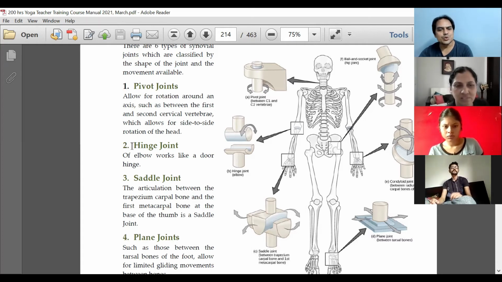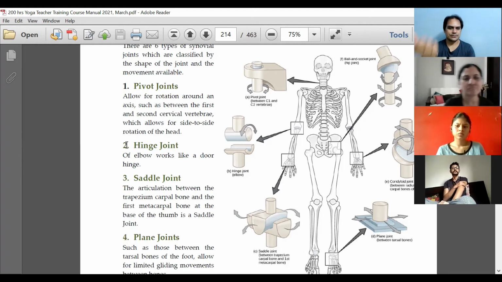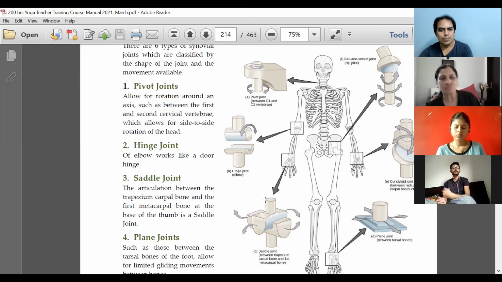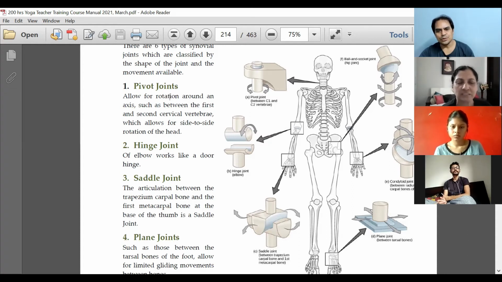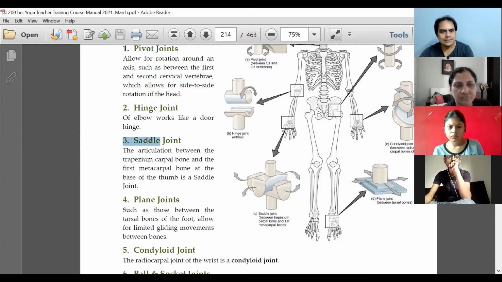Second, the hinge joints. Okay, that is hinge. Elbow, like a hinge door, right? So elbow is like a hinge door. So this is called hinge joints, elbows. Clear? And third is saddle joint.